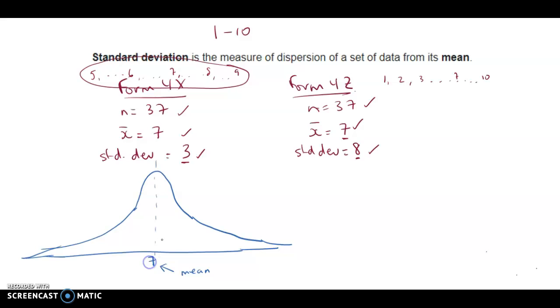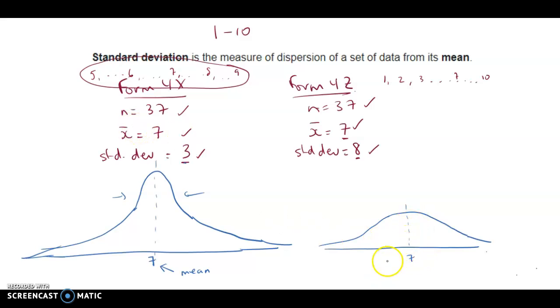So this would be 7 for 4X, right? Now, seeing that my standard deviation is 3, it will peak higher here. It'll go up more. Whereas the bell-shaped curve for 4Z would be a lot flatter. It would be like probably this. Something like that. Where again, the middle value is the mean, the symmetrical line, right?